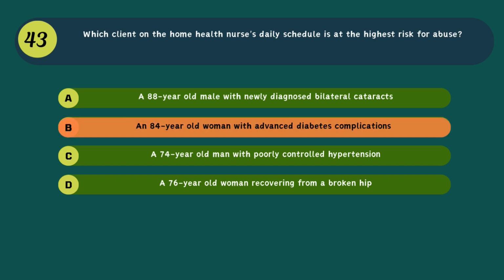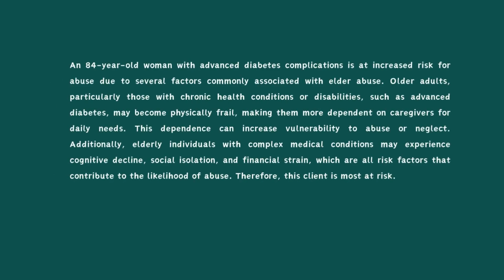Correct answer. B. An 84-year-old woman with advanced diabetes complications. An 84-year-old woman with advanced diabetes complications is at increased risk for abuse due to several factors commonly associated with elder abuse. Older adults, particularly those with chronic health conditions or disabilities, such as advanced diabetes, may become physically frail, making them more dependent on caregivers for daily needs.